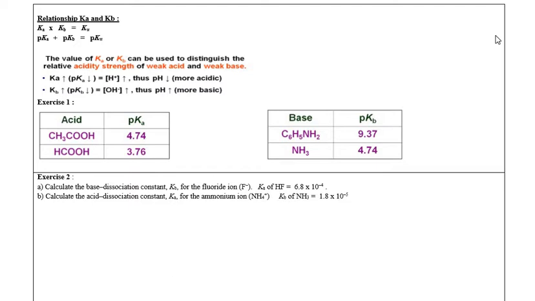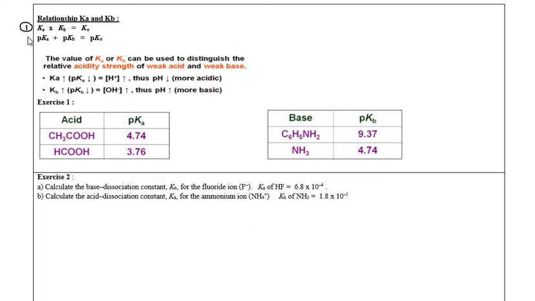Here I want to introduce you to two formulas. The first one is Ka multiplied by Kb, we will get Kw. Kw is the water dissociation constant that we know the value is 1 exponent negative 14 if the temperature is 25 degrees.